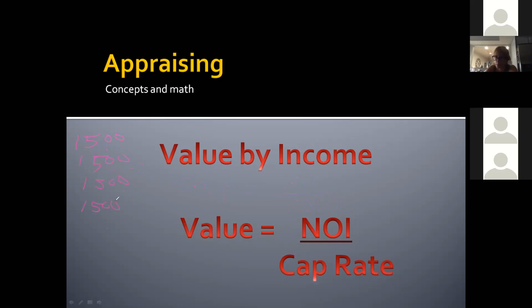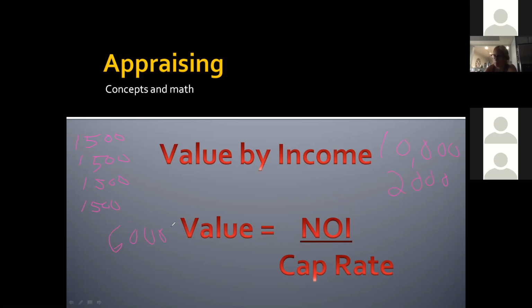The taxes on it are $10,000. That's all of his expenses for right now because he manages it himself. Oh, and his insurance is $2,000. That's all his expenses because everybody has their own utilities, everybody has their own furnace, and he wants to know what it's worth. So we're going to say his net operating income is $6,000.